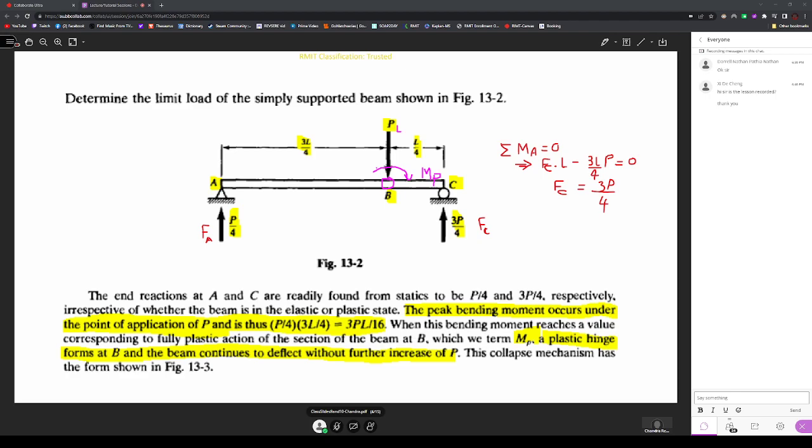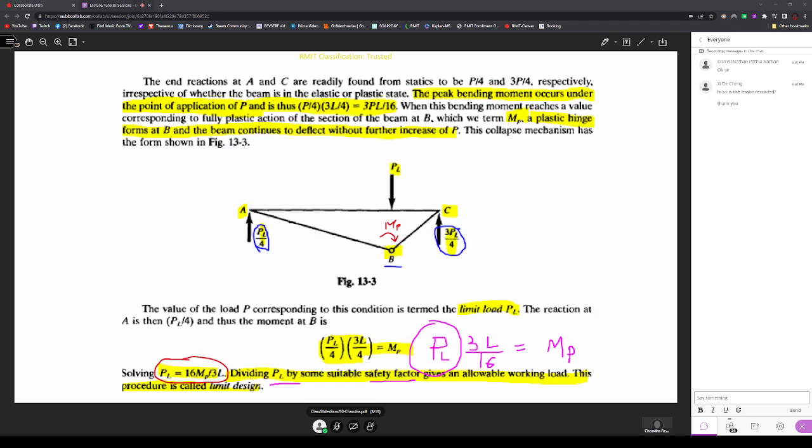So we can derive the expression for plastic load as we have done here. The plastic load in this scenario will be 16 times plastic moment over 3 times L. Now you can see from this formula that as the length increases, the plastic load decreases.